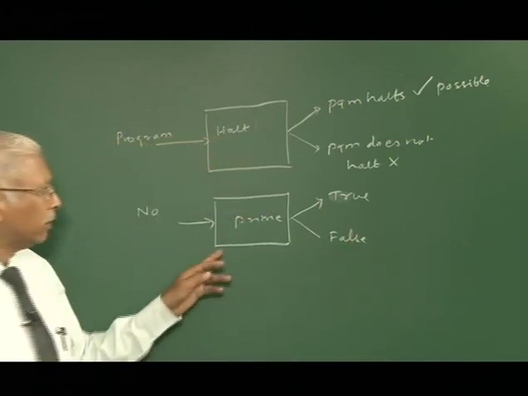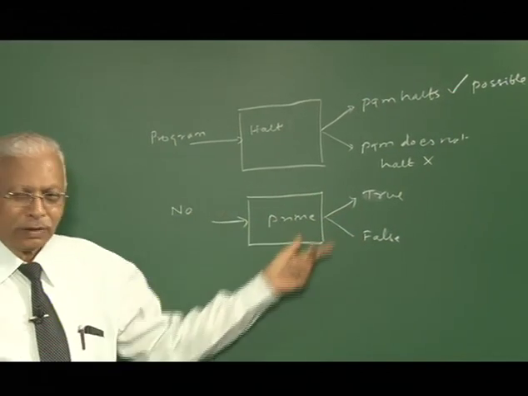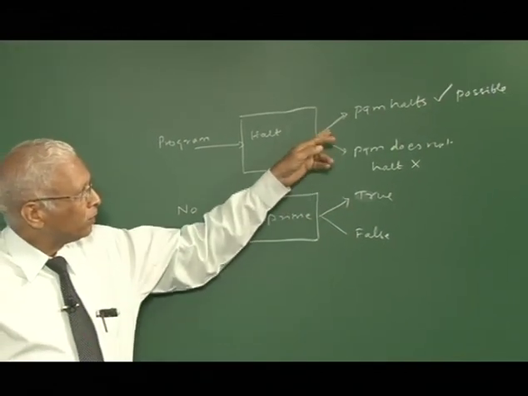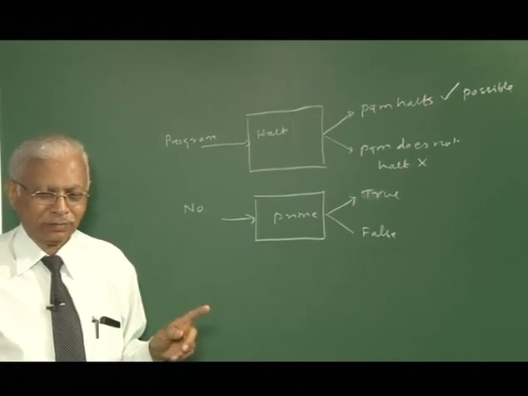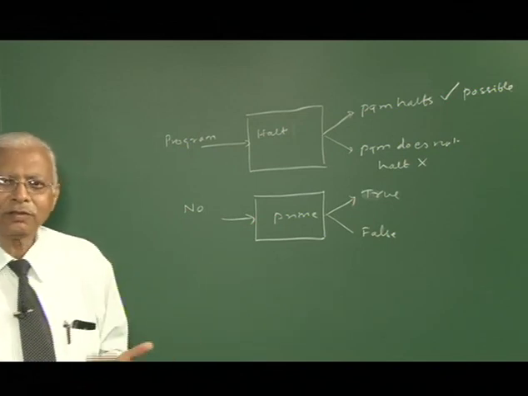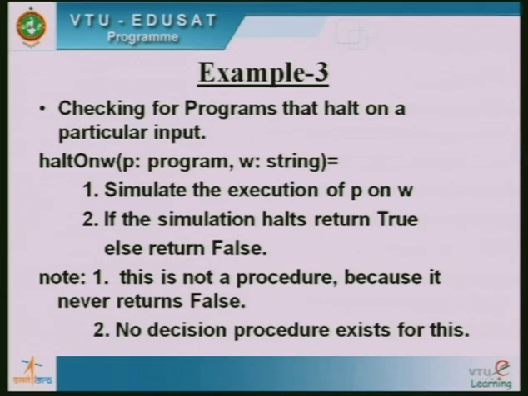You had clear cut, it terminates, not only it gave true and false, for any number it will give it, whereas this will give only partially. That means, if it halts it will give yes, if it does not halt, then forever it will be looping. So, therefore, you have a program wherein this is an algorithm, whereas this is not an algorithm. Okay. A program which does not halt cannot be characterized as an algorithm.